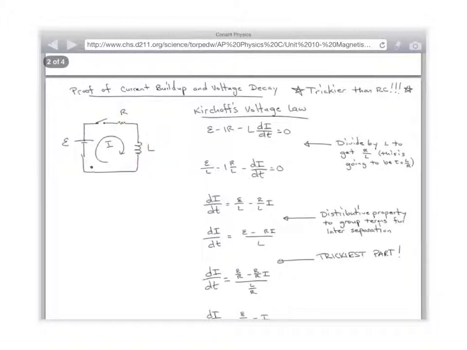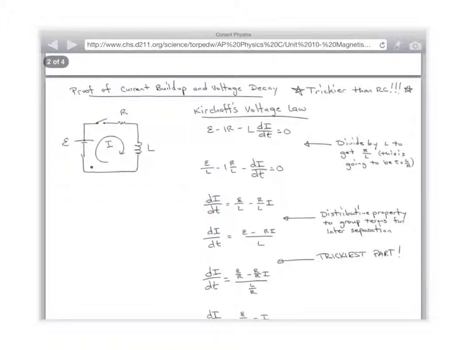So the equation is, I would divide everything first through by L. Everybody got that first trick? Because remember in an RC circuit you wanted to have R times C? It turns out in an RL circuit you want to have R divided by L. So divide by L. So you get EMF over L minus I times R over L minus di over dt. Put the di over dt on the left.